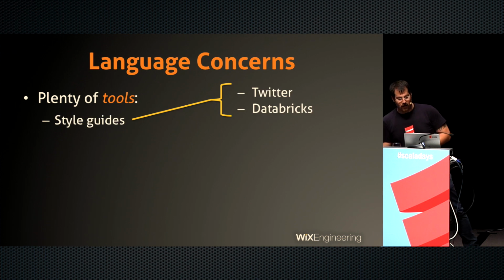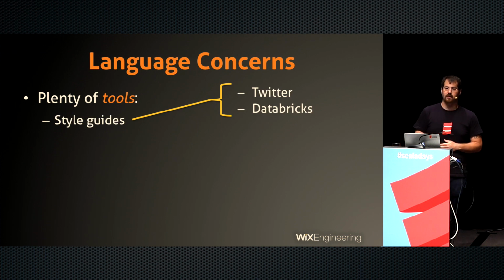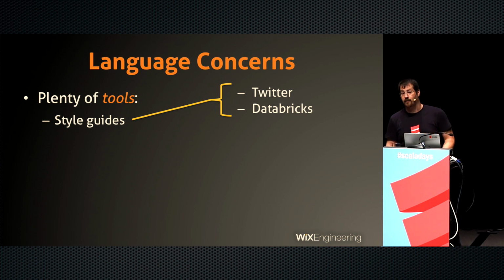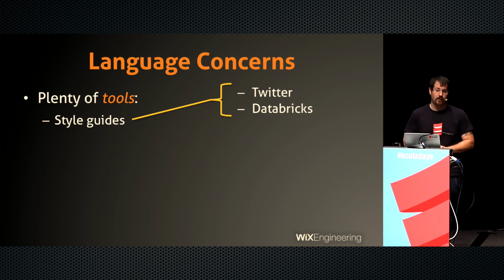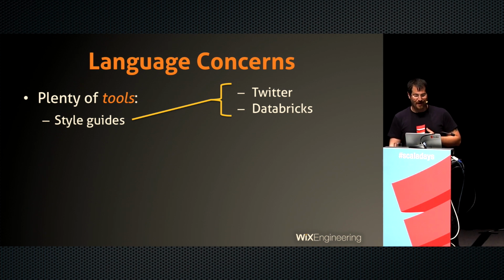So if you just want a prescriptive thing to tell you what to do and where to do it, you can use a style guide. You might use Twitter's, you might use Databricks'. I'm pretty sure there are others out there, but these are the 2 most well-known ones. I personally dislike style guides.